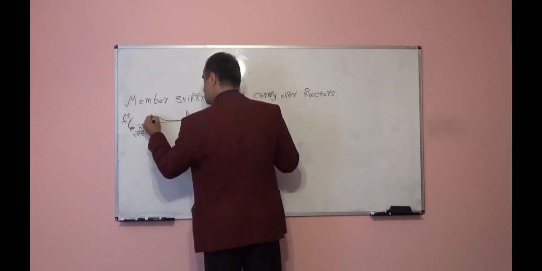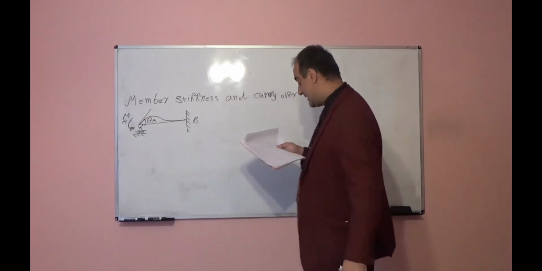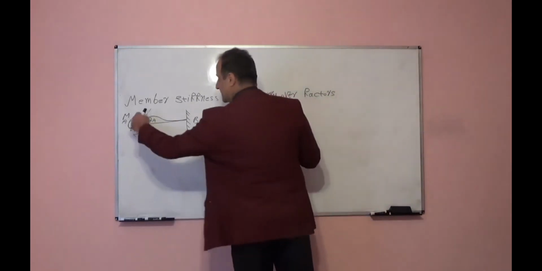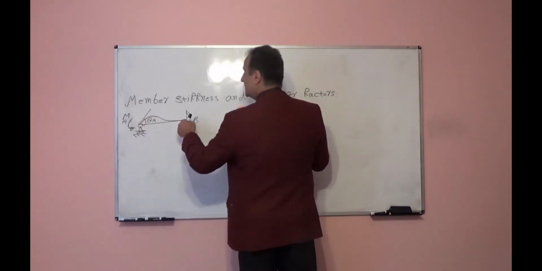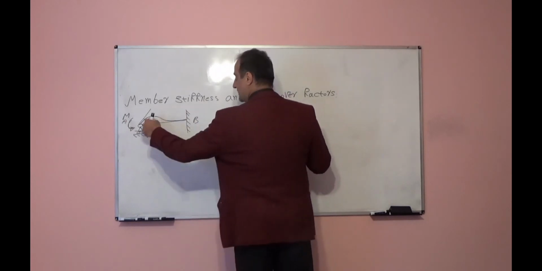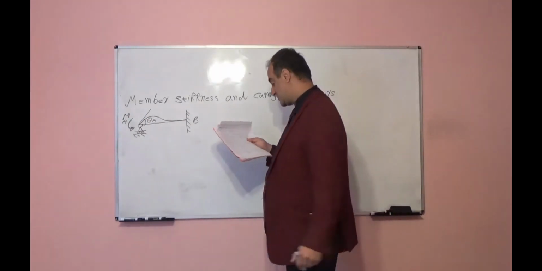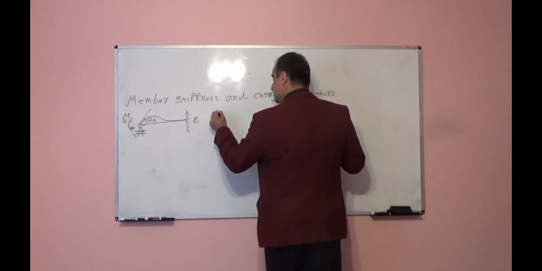So the deformed shape will be something like this, and I can calculate theta A. So here I apply moment MA. Here, because we have a fixed support, theta B is equal to 0, but I can find this theta A using, for example, the slope deflection method. How can I find that?